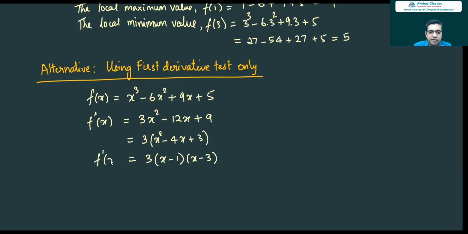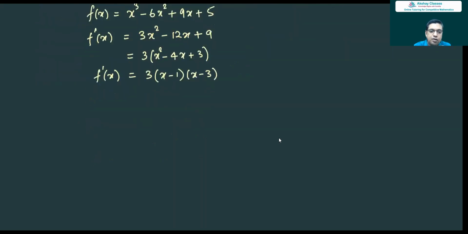So this is f dash x. Now f dash x is equal to 0 at x equal to 1 and also at x equal to 3. At both these points, the derivative is 0.